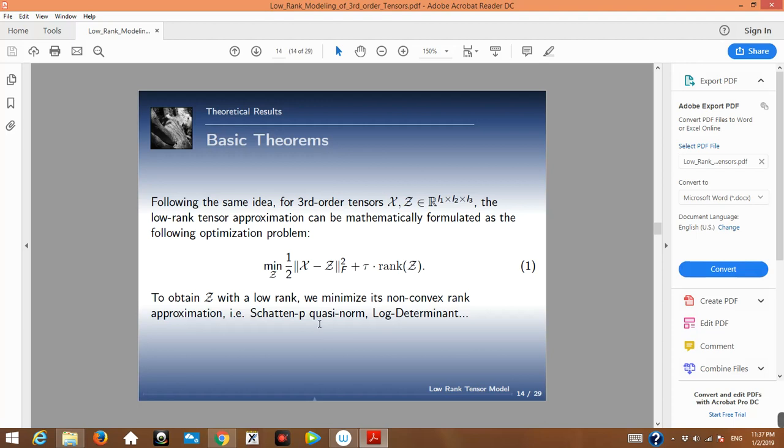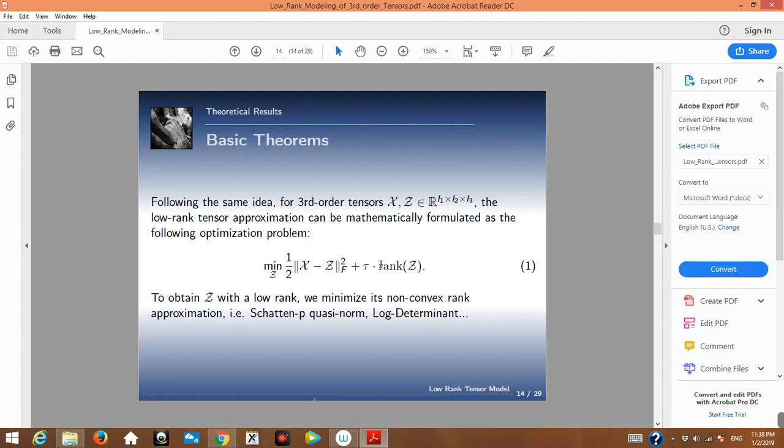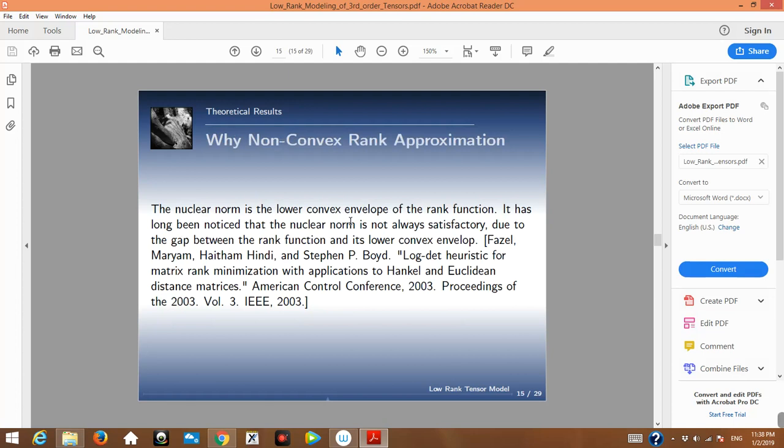So we can use the Schatten p-norm or log-determinant norm to approximate the rank of Z. Traditionally, for a matrix, people use the nuclear norm to approximate the rank function because the nuclear norm is the convex envelope of the rank function.